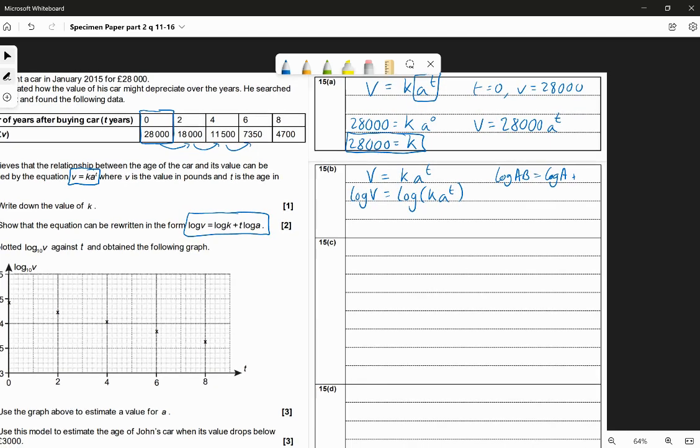You need to know your log laws. So that's one log law which we're going to use.